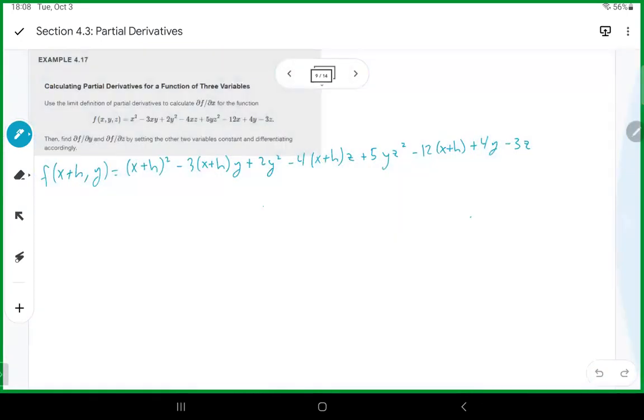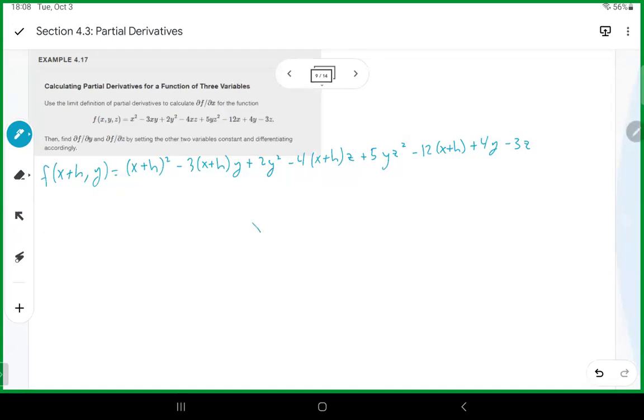All right, so we are going to do it with the longer approach for the with respect to x. If you want to do it with the shorter approach, whatever approach works best for you, I'm fine with.